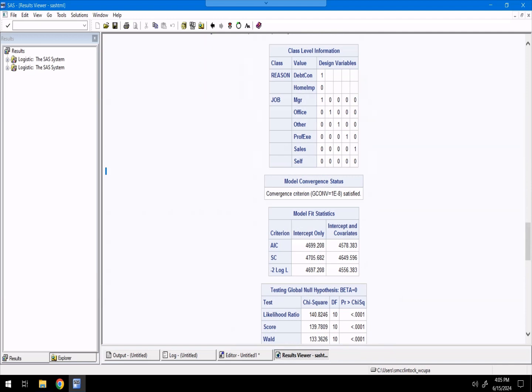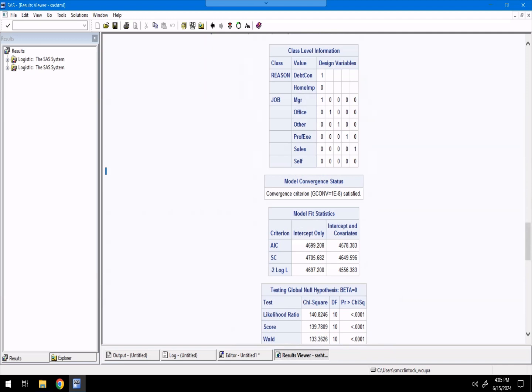Using the class statement, we don't have to do that, but it doesn't mean it's not being done. It's just SAS is doing it for us. And so this is SAS telling us how it made the dummy variables. And it may or may not be the way we want it to do it. There are options within ProcLogistic where we can change how it defined these dummy variables.